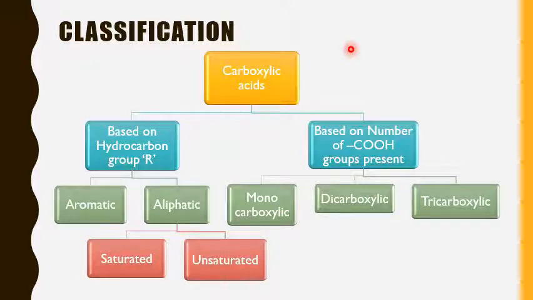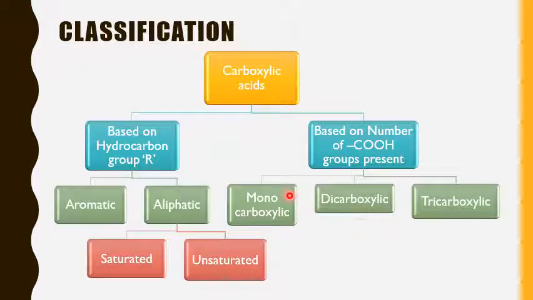So you can classify the carboxylic acid into three types: monocarboxylic, dicarboxylic and tricarboxylic. Some say there is a fourth type of classification, polycarboxylic, and it is not that important from our point of view. So for our classification we can consider up to tricarboxylic acid, where mono is 1, di is 2 and tri is 3.